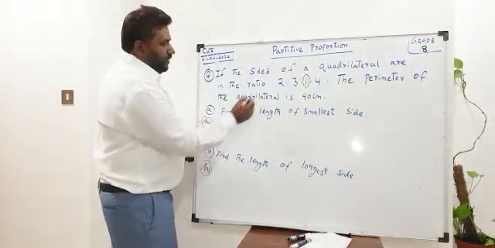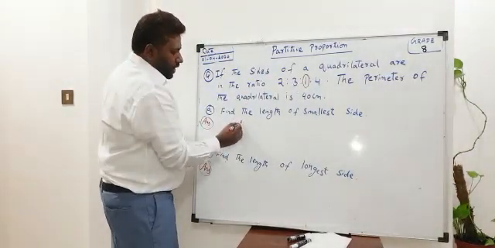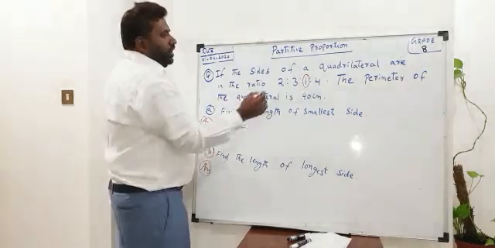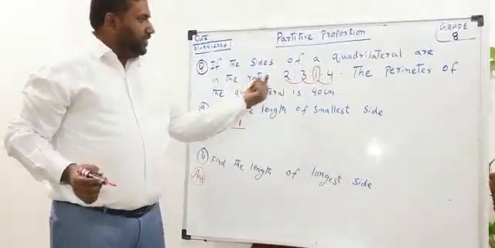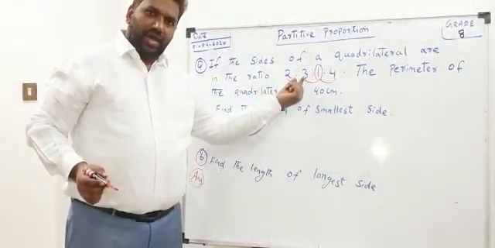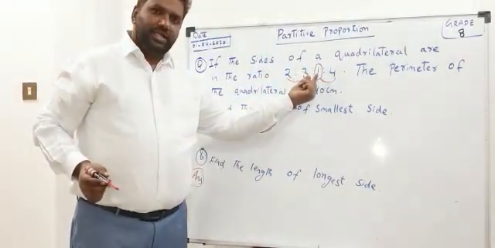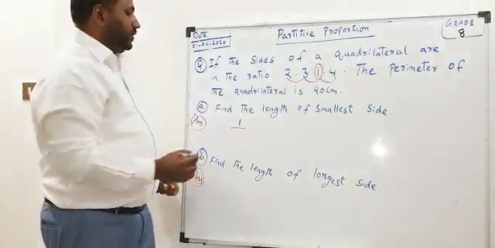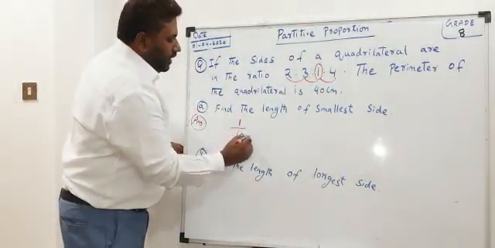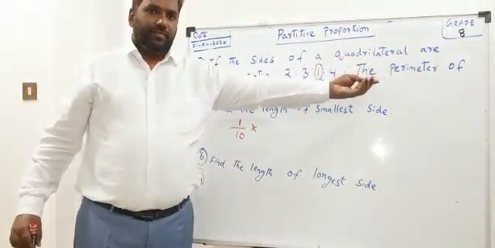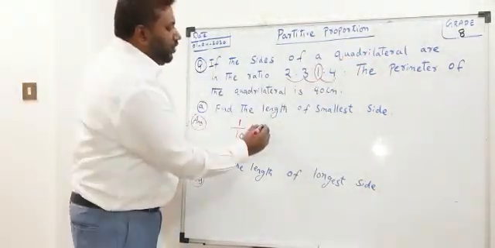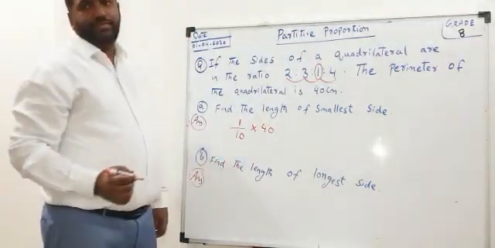So we take the smallest ratio, 1, over the total parts of the ratio. Total parts of the ratio: 2 plus 3 is 5, 5 plus 1 is 6, 6 plus 4 is 10. So divided by 10, multiplied by the perimeter given, which is 40 centimeters.